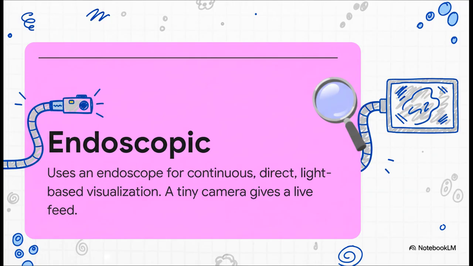Okay, next we have endoscopic. Now this one also uses a screen, but it's totally different from percutaneous. Here, they're inserting an endoscope, which is basically a tiny little camera, right into the body. So the physician gets this continuous live video feed of the anatomy. It's still on a screen, but it's considered direct visualization because they're seeing the real thing through a camera, not just an X-ray image.